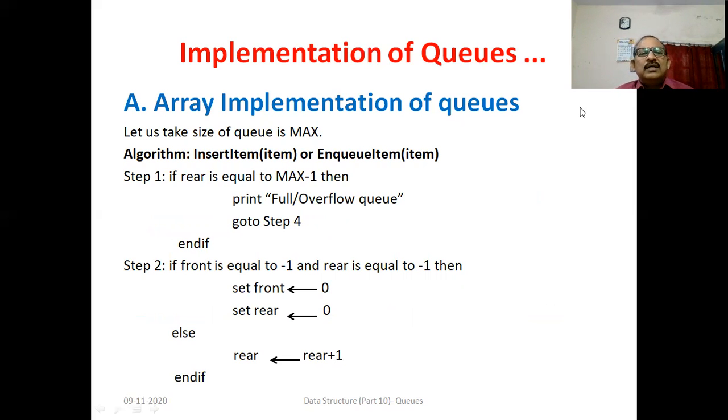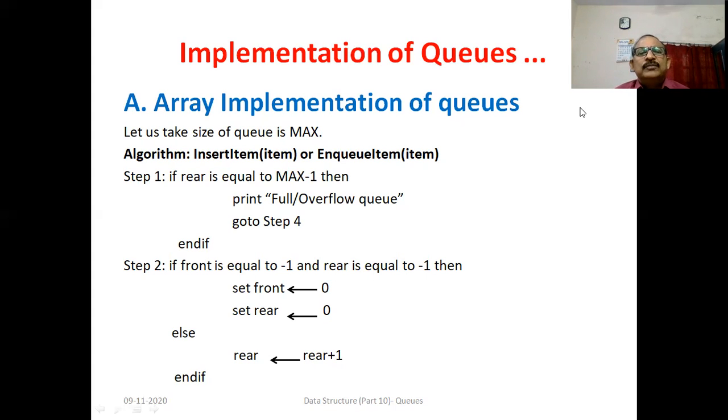Before inserting the item, we have to check whether the queue is full or not. Here you can see this algorithm takes one parameter, and that parameter is the item. Depending on the type of the element we want to keep in the queue, we have to declare the type of the item.